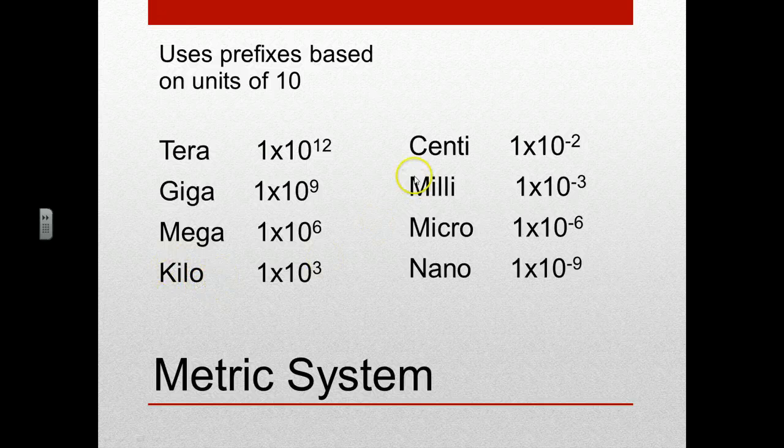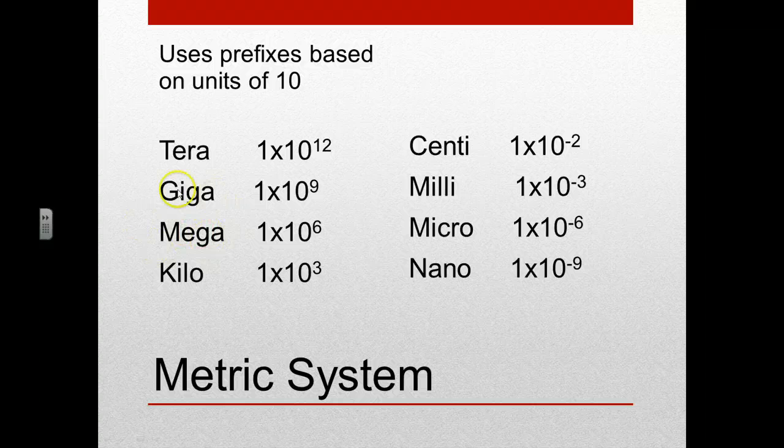You're going to see kilo, centi, and milli most often. We're going to deal with micro and nano when we get really small and talk about sizes of atoms, things like that, or we'll talk about tera and giga. You should be familiar with those from the computer industry right now. When I was growing up, we were talking about kilobytes of memory.